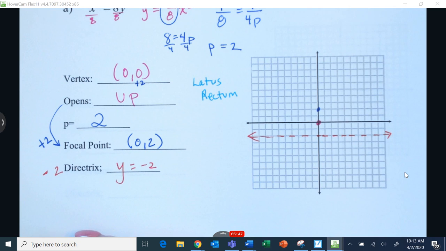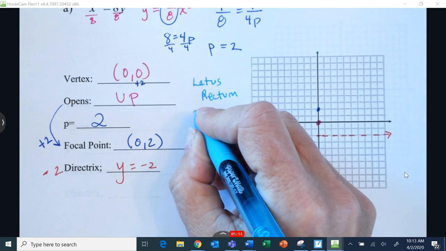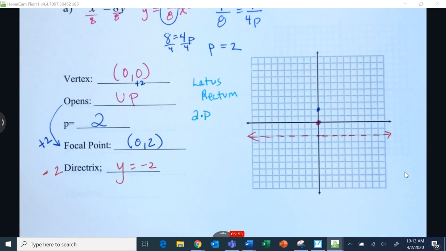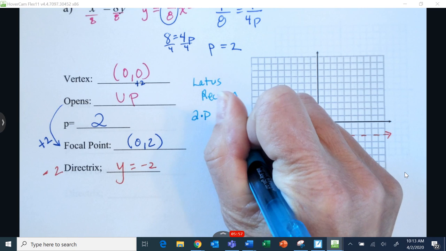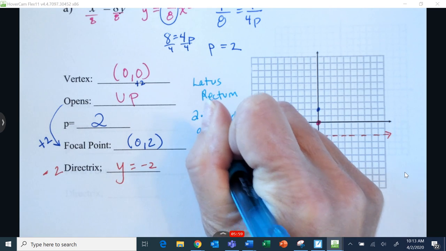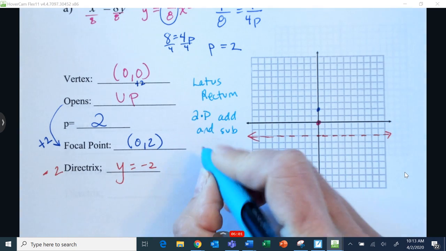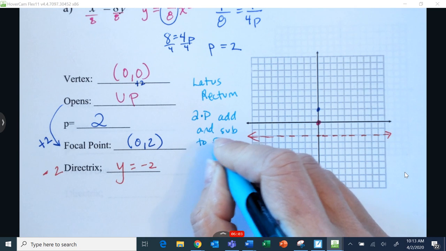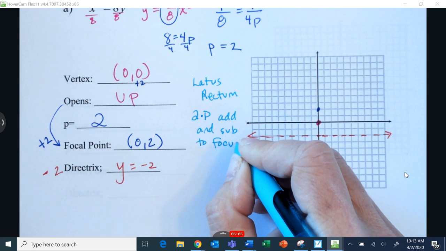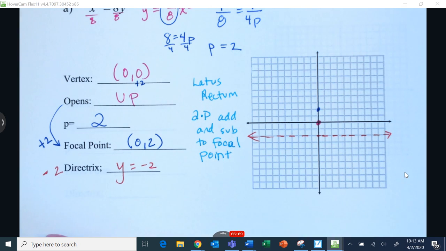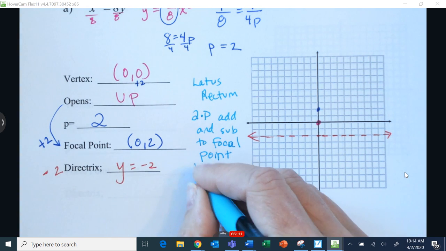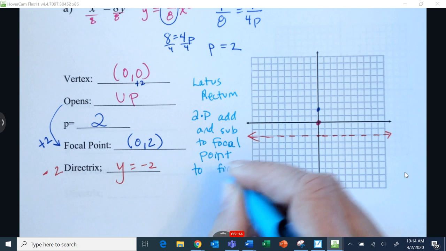But if you'd like to use this trick to help you graph it quicker, you take 2 times the p-value, and then we're going to add and subtract that to the focus value, to the focal point, to find the width.